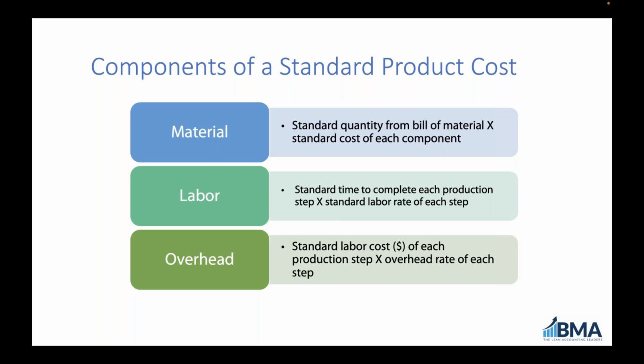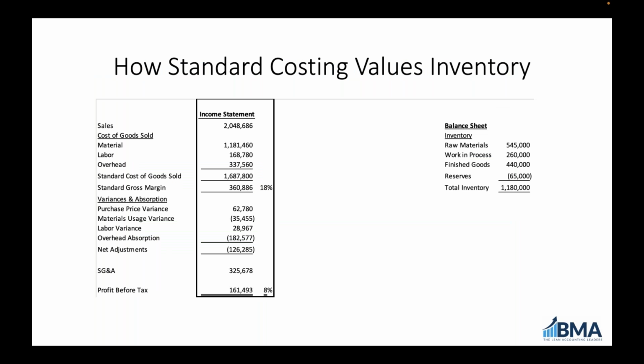But that level of complexity makes things very difficult, because in reality, a standard cost is simply an estimate. That's why you have variances. So how does standard costing value inventory?